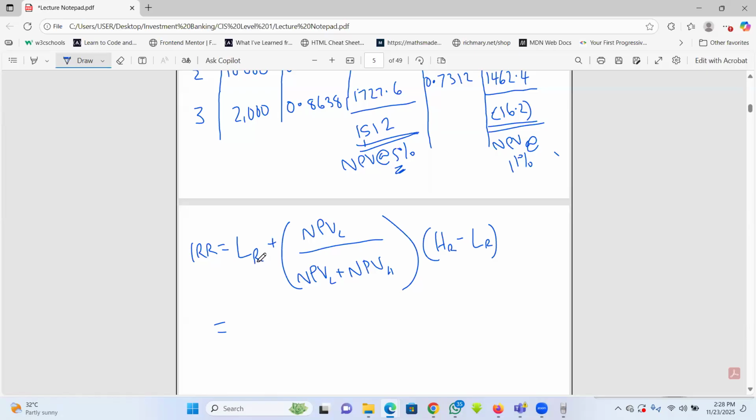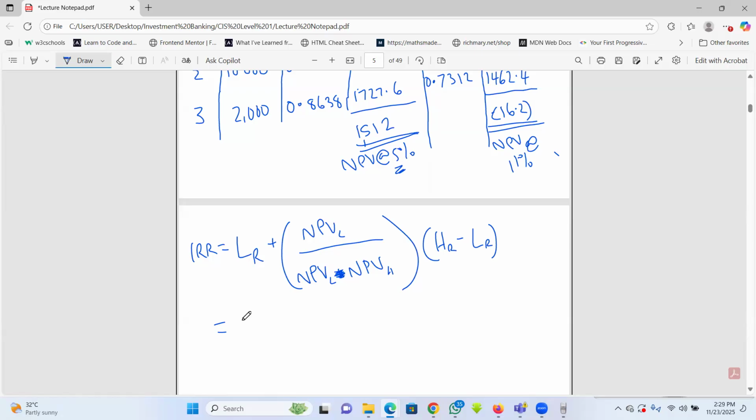The denominator says minus. I told you why it's going to be a plus, but let's still stick to minus for now. But you see that it's going to be a plus. So let's go. What's the lower rate again? I need to hear from you, please.